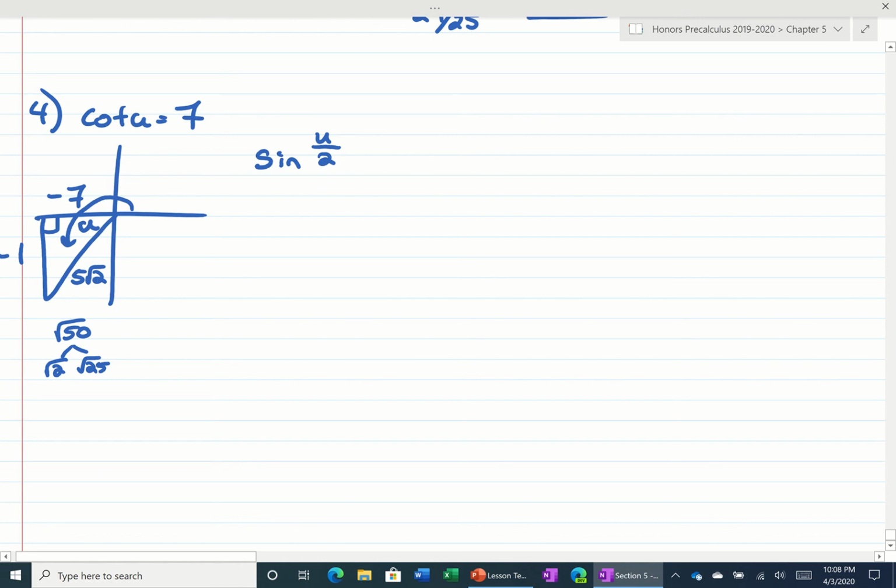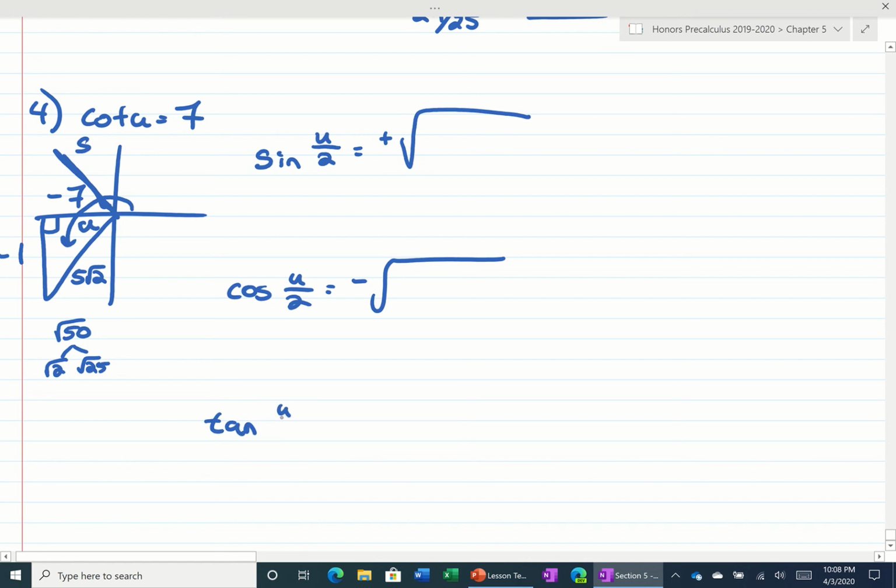Half of that would be 100, which puts us in quadrant 2. The only thing that's positive there is sine. And then tangent, we just kind of figure out when we get there using one of the formulas.